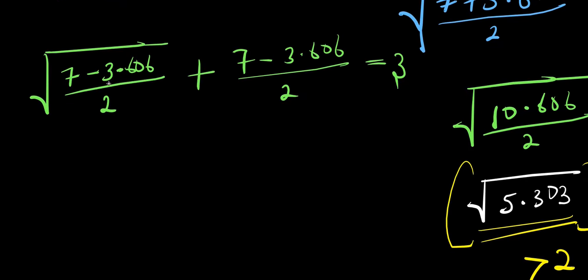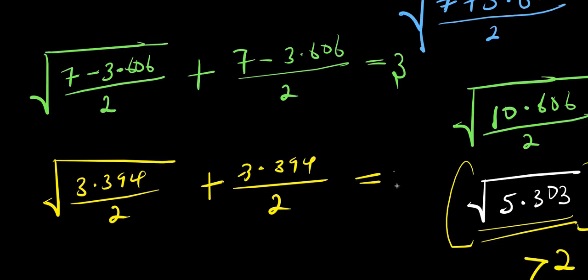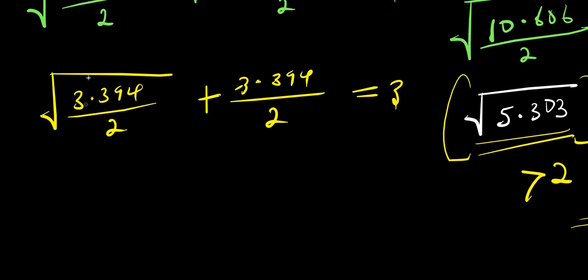So 7 minus 3.606. This will give us square root of 3.394 divided by 2 plus 3.394 divided by 2 equals 3. So from here, I'm going to divide this by 2.